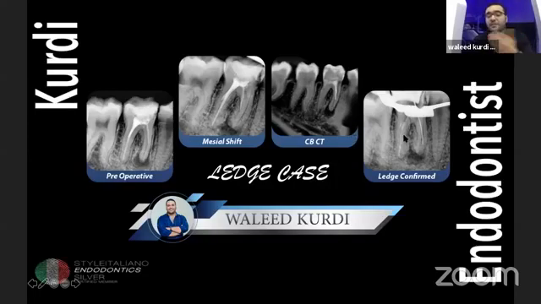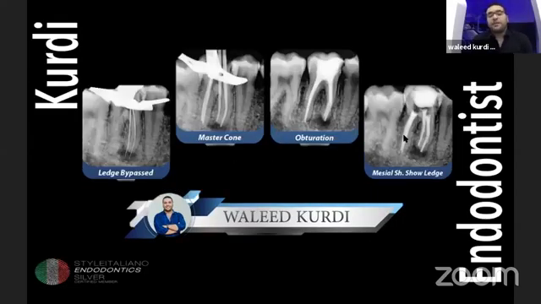Then I removed this part of gutta-percha, and here the ledge is confirmed. And after that, I used the D finder for initial negotiation, completing my bypassing to 25 manually in this case, because at this time I didn't have Phantom correction files, and I didn't have the eConnect S at that time. So I bypassed up to 25.02 manually with hand files.